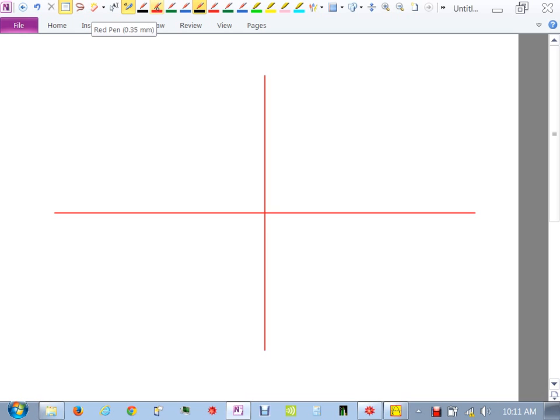We'll mark out 10 in each direction. 1, 2, 3, 4, 5, I can't fit more, I'll just go 6 up and 6 down. That okay? Each tick mark is 1.